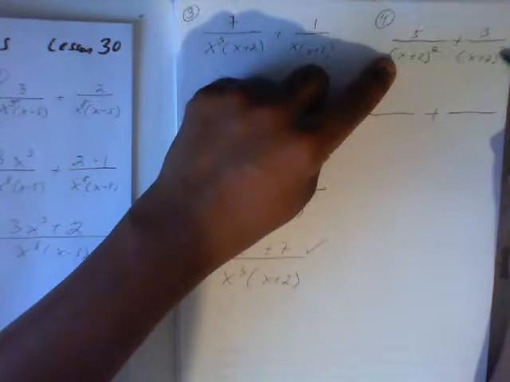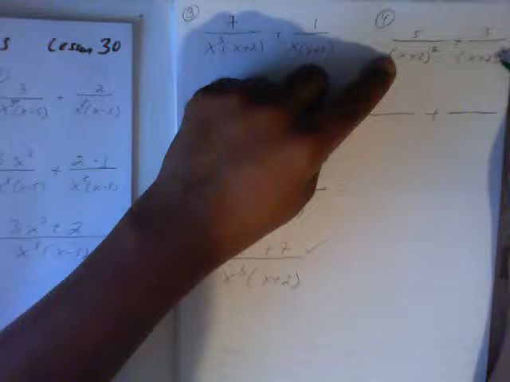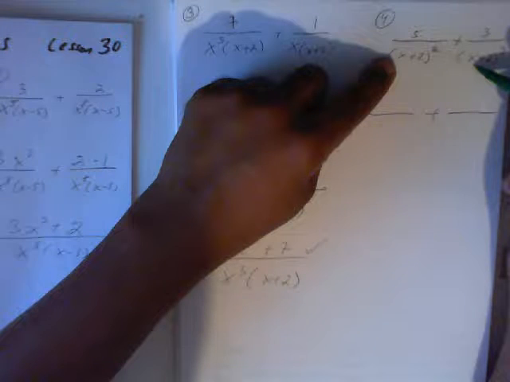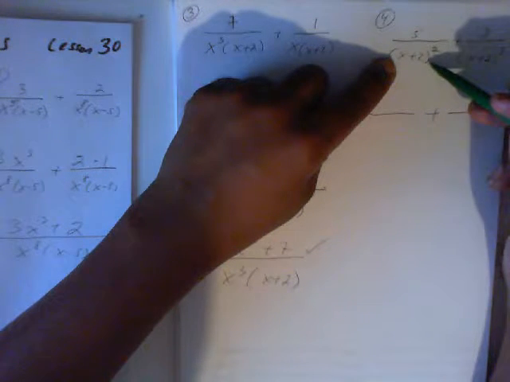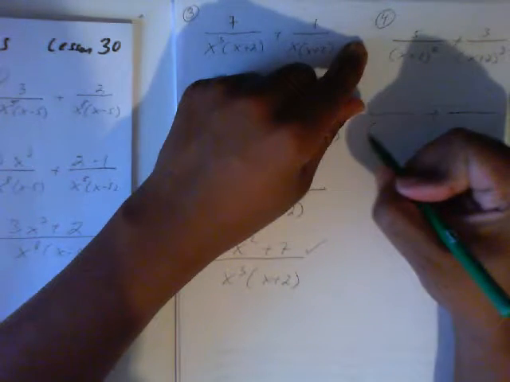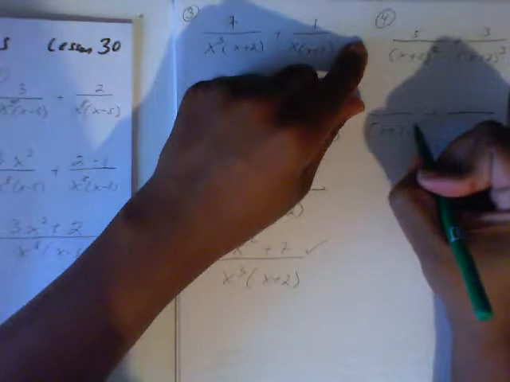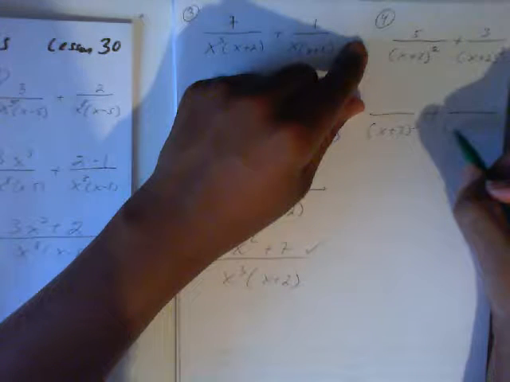Okay, we have x plus 2 to the 2nd power and x plus 2 to the 3rd power. The least common multiple will be x plus 2 to the 3rd power, because I can also find the x plus 2 to the 2nd power within this. So x plus 2 to the 3rd power is enough for this one and this one.